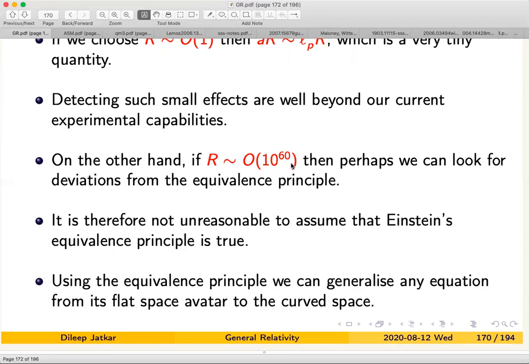Okay. Possibly this would happen closer to a black hole, and in fact, not even closer to the horizon of the black hole, particularly if you are looking at astrophysical black holes. The curvature in the neighborhood of the black hole horizon is pretty small actually. You really have to go across the horizon and close to the singularity to see numbers of this kind.